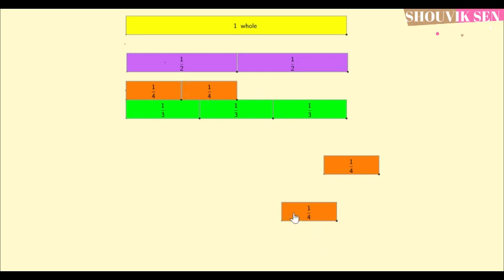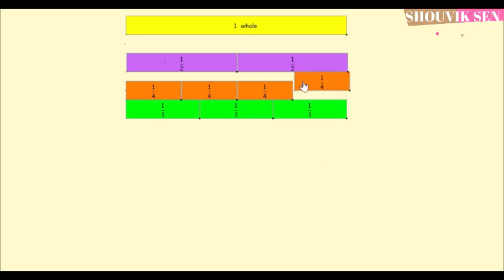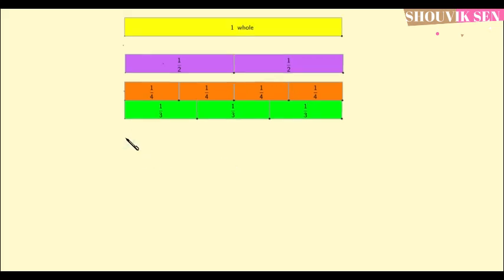So earlier you had 2 halves making 1 whole, so automatically you have 4 of 1/4 making 1 whole. So you got 2 halves making 1 whole, 3 of 1/3 making 1 whole, and 4 of 1/4 making 1 whole. So what will that be for 1/5?